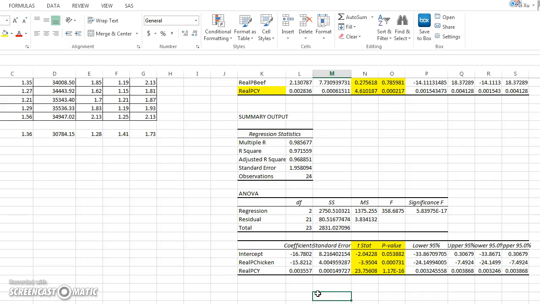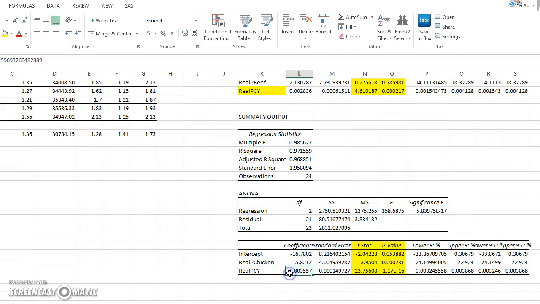So in this case, we do find out the real price of chicken has a negative impact on the per capita consumption or demand of chicken. So that's why we can show a negative sloping demand curve. And in terms of the magnitude of this coefficient, we got a 15.82. So that means when the real price of chicken goes up by 1 unit, in my case is $1, the demand of chicken would drop by 15.82 pounds.